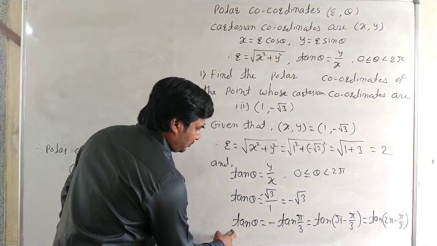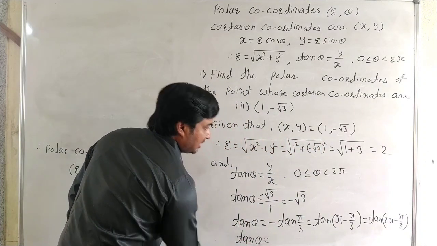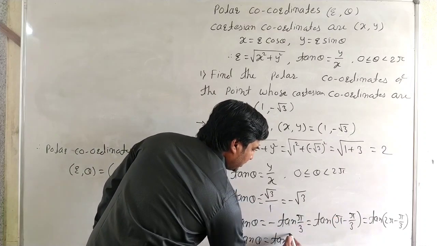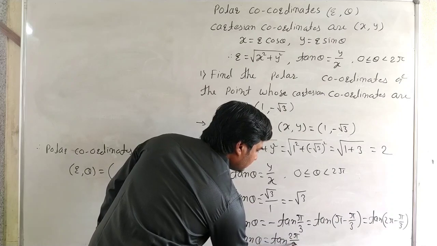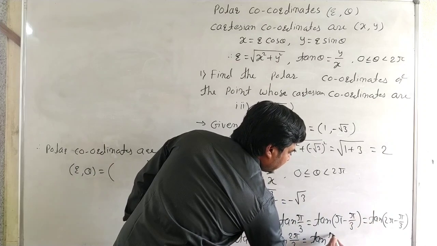Now tan theta is equal to tan 2 pi by 3 and tan 5 pi by 3.